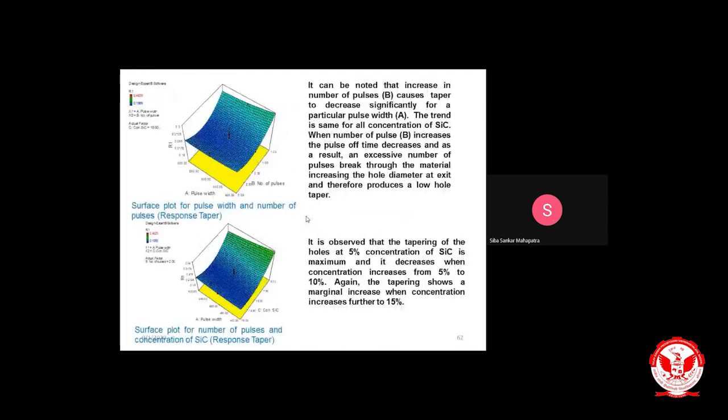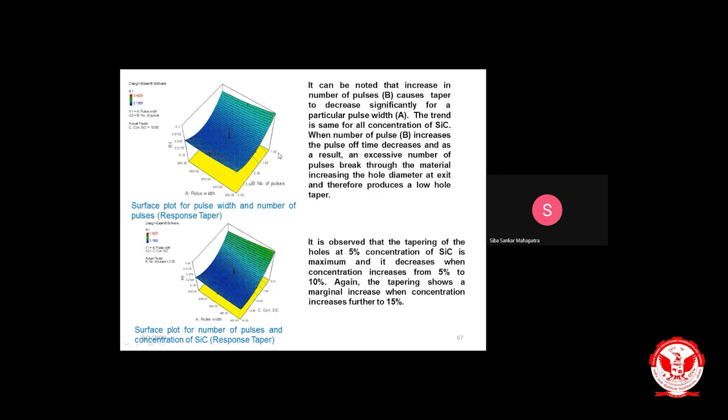Now, it is important to get some idea from the 3D surface plot. You see here, this is the surface plot for the number of pulses with pulse width. It can be seen that an increase in number of pulses causes taper to decrease significantly.